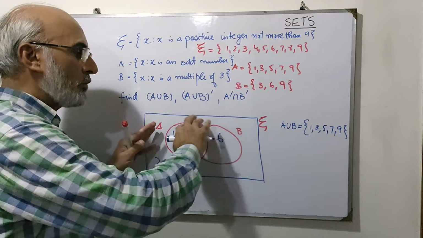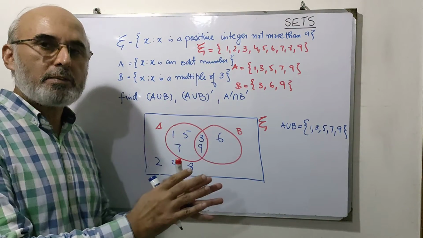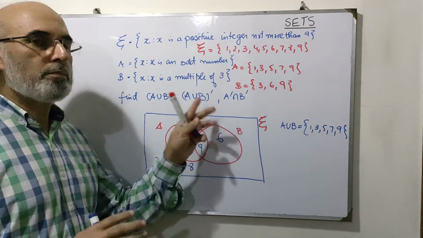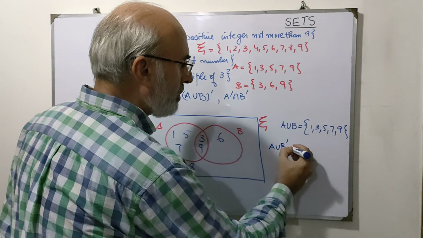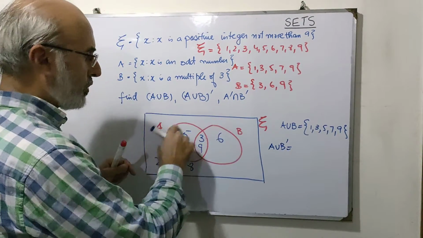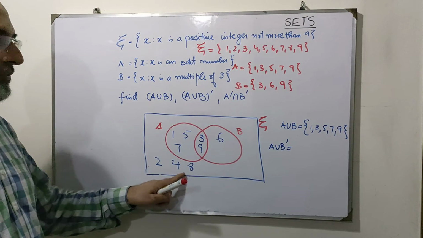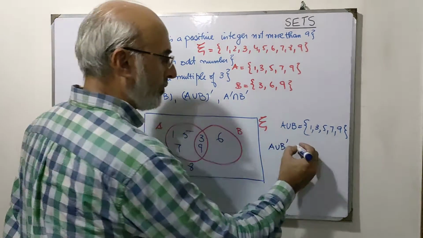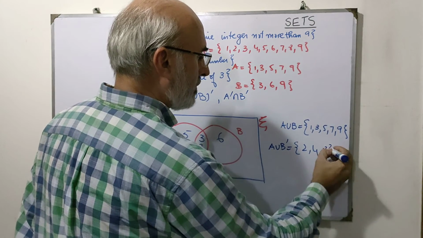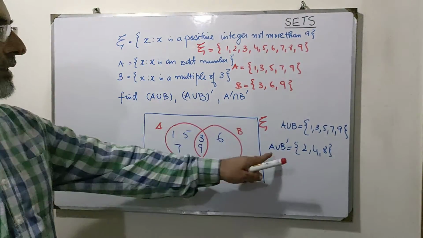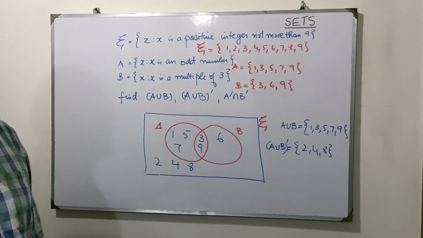We are going to remove A union B from the universal set, and whatever is remaining comes to A union B complement. So we remove all of this, whatever is in these two red circles. What are we left with? 2, 4 and 8. So this is the complement of A union B.